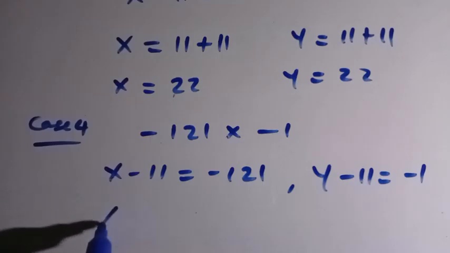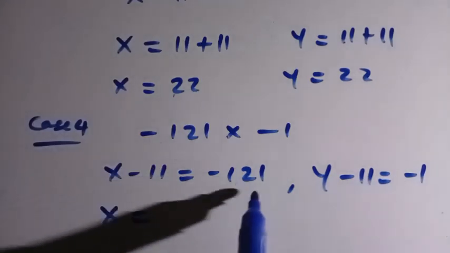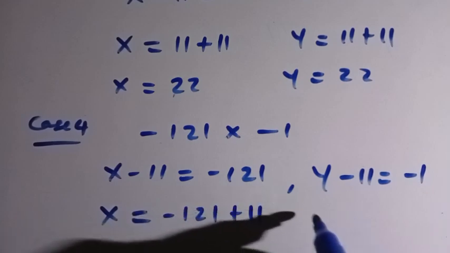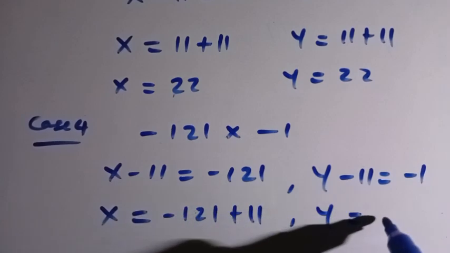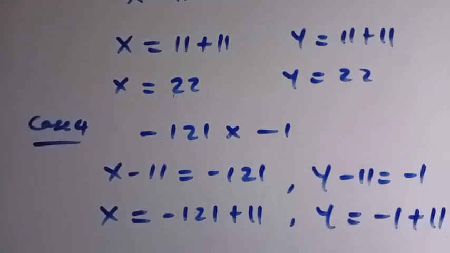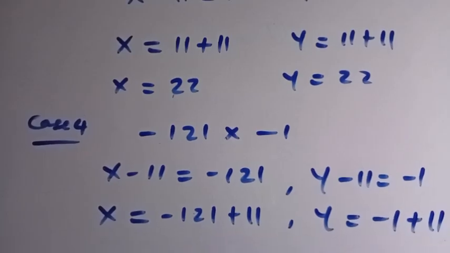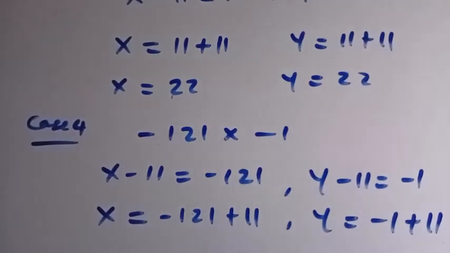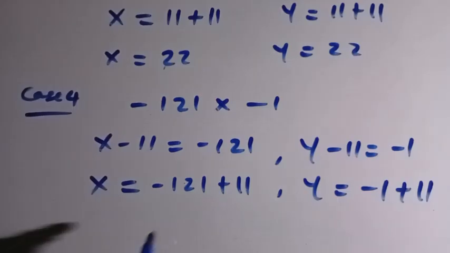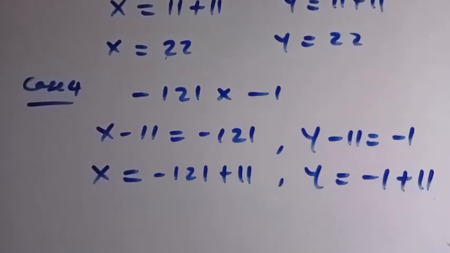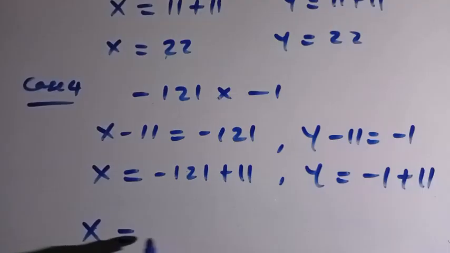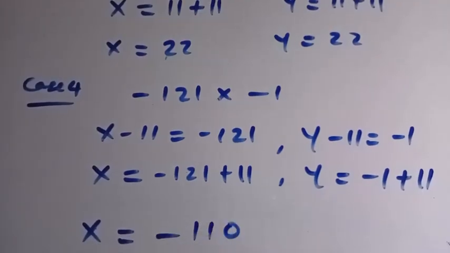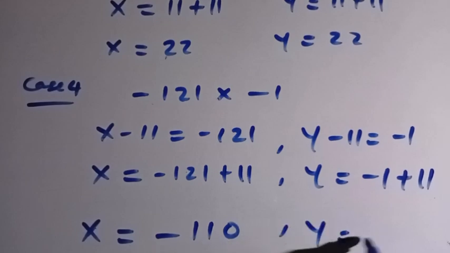We are going to have x equals minus 121 plus 11, and also y equals minus 1 plus 11. So after having this expression, by adding this together, we are going to have x equals minus 110, and y equals 10.